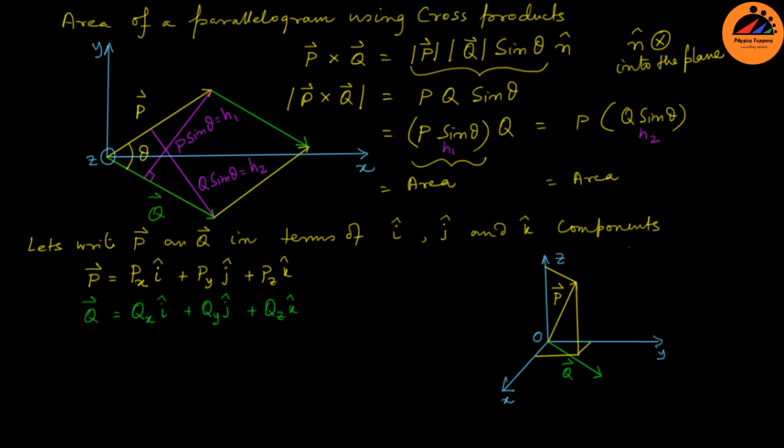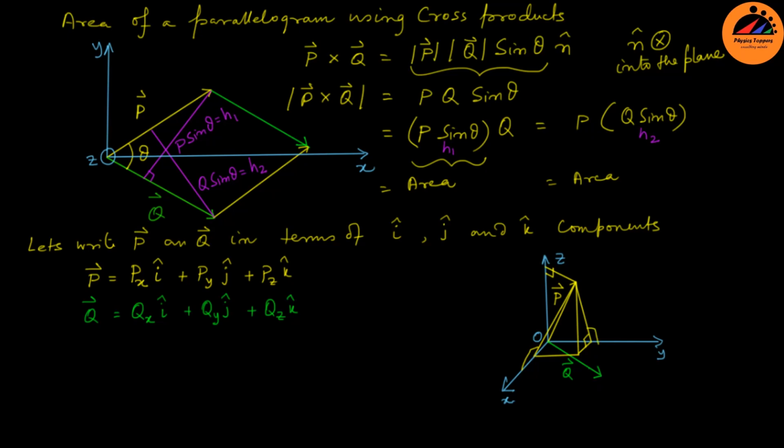If you drop perpendiculars directly from the tip, it's the same case. It's not a problem. You can join this and this. I have shown it like this just to make it simple. So this is definitely perpendicular, and this is also perpendicular.